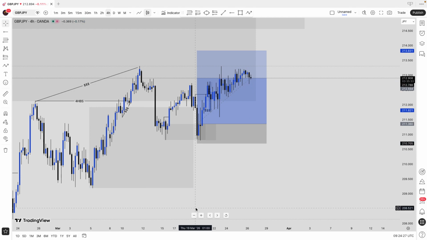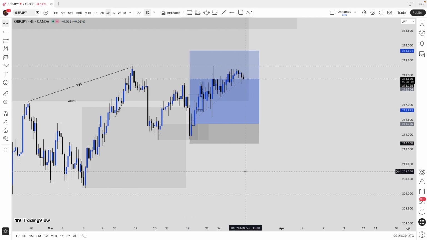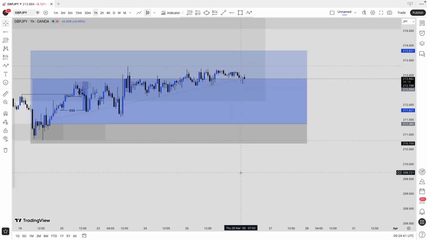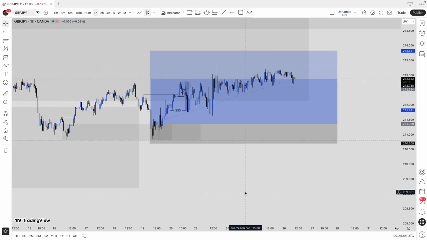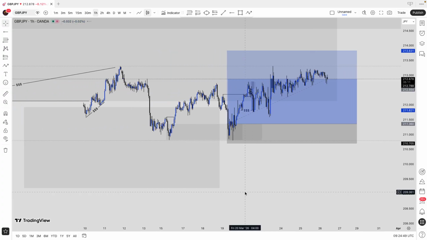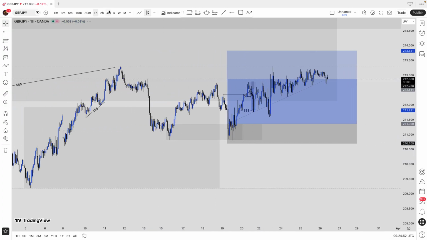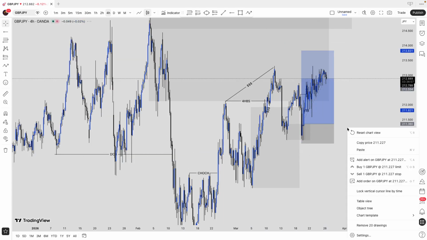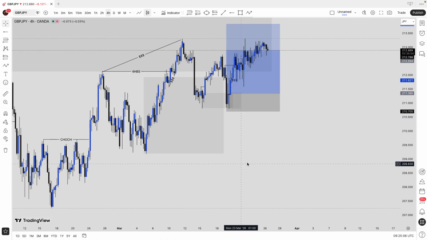If I identify a swing structure on the 4 hour time frame, I really look for my liquidity on the lower time frame, which in this case is the 1 hour time frame. So this was my liquidity. I'll show you how I identified my demand zone. Kindly bear with me. My demand zone being this point here.